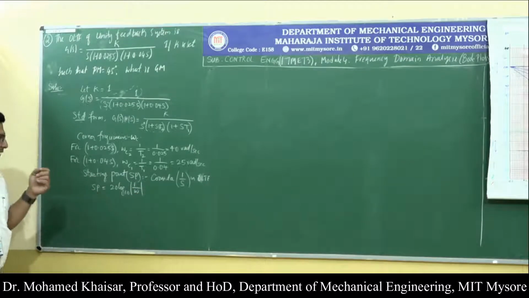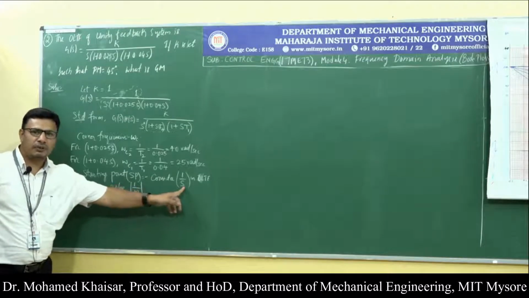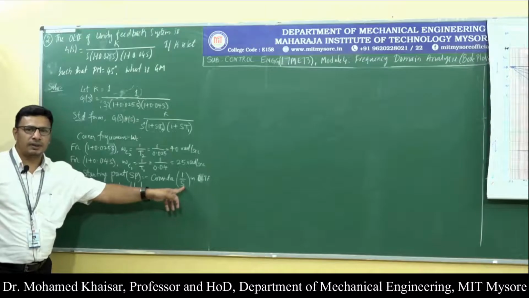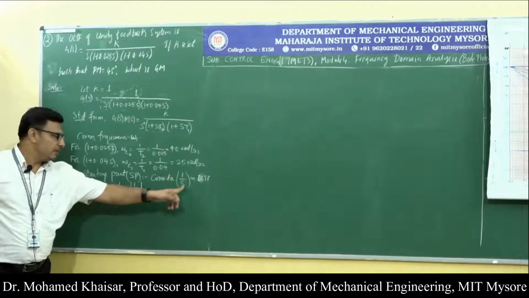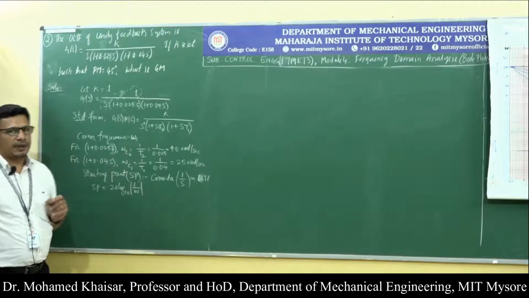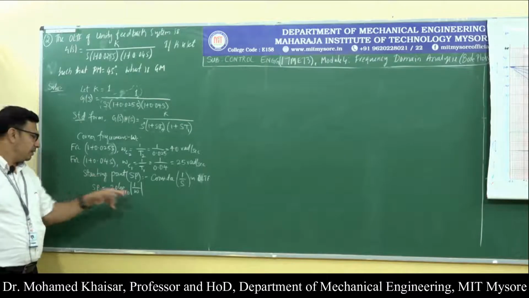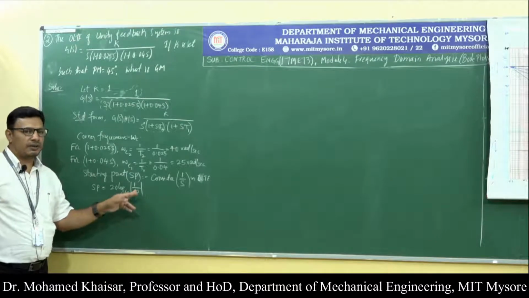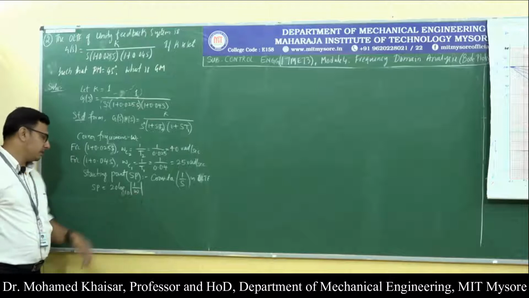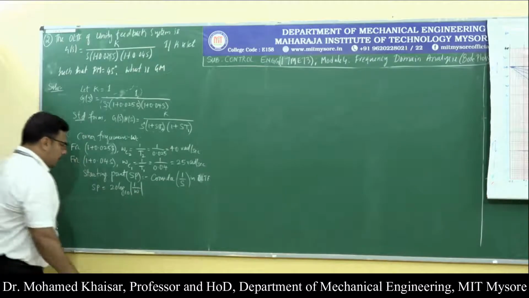Magnitude of a transfer function is given by j omega, which can be written as j omega plus 0, where 0 will be the real part and omega will be the imaginary part. Since the real part is 0, it is written as omega itself in the denominator. So 1 by S can be written as 1 by omega.